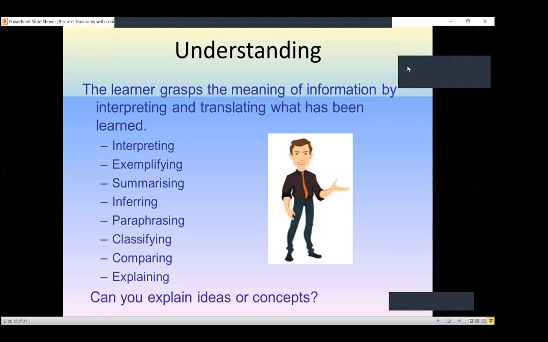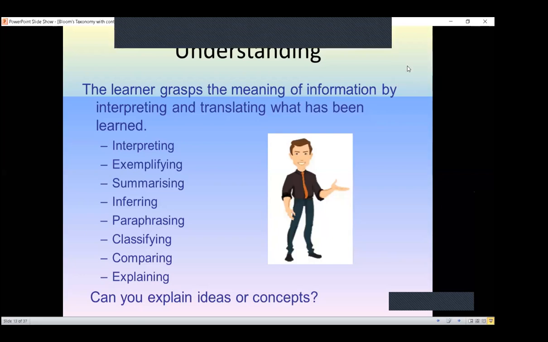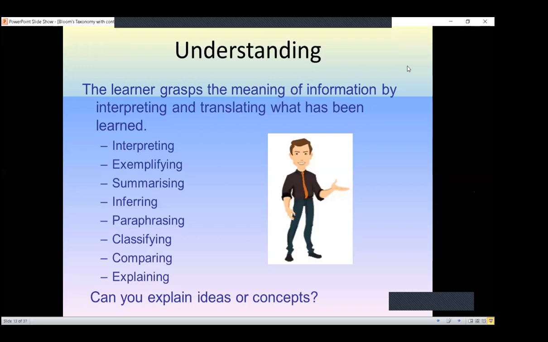Suppose you're talking about any disease in medicine, the different symptoms of any disease, what are the causes of that disease? What are the symptoms of that disease? When he says just whatever is given in the textbook, that becomes remembering. But when that student elaborates that in his own words, that comes under understanding.